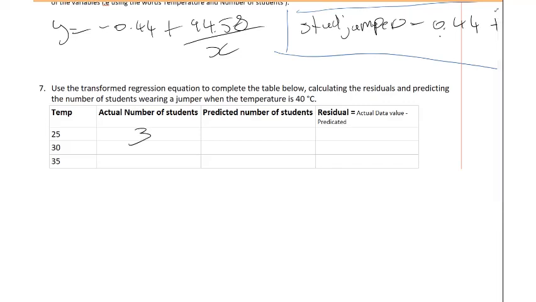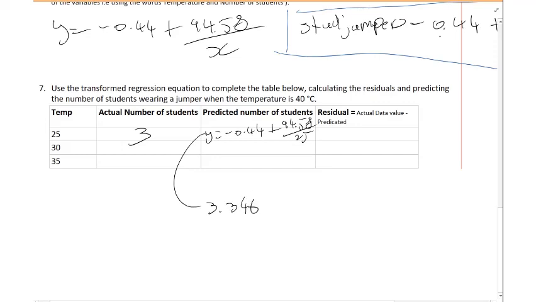Predicted number, that's where you'd put y equals negative 0.44 plus 94.58 divided by 25, and because I'm running out of room, that's going to equal 3.346 or something like that.